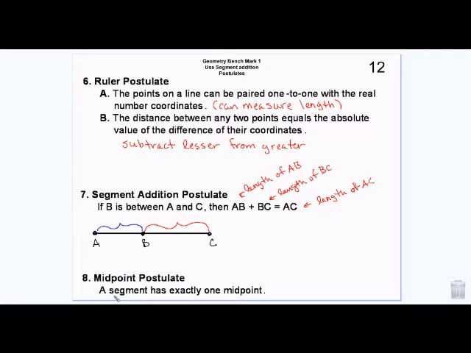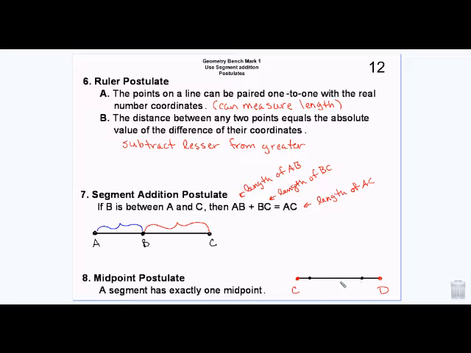Okay, the midpoint postulate is that a segment has exactly one midpoint. So if I have this segment, and I've got my endpoints, I don't know, C and D, there's only one place that is exactly halfway between these, right? This is not a midpoint.